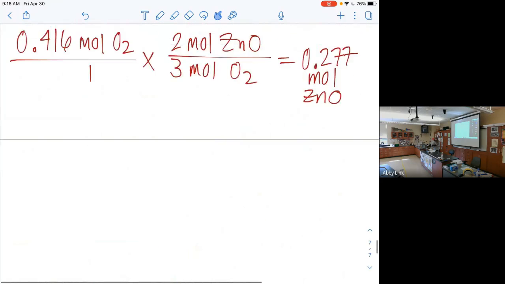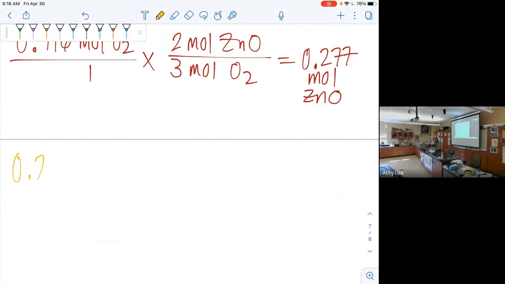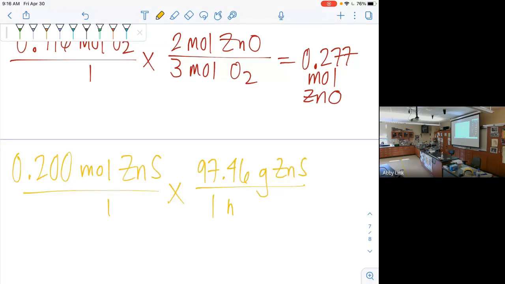So even though this problem is a little bit different, guys, it's not more complicated. It's just another mole to gram calculation. We actually already calculated the molar mass of ZnS earlier because we needed that to begin our problem.